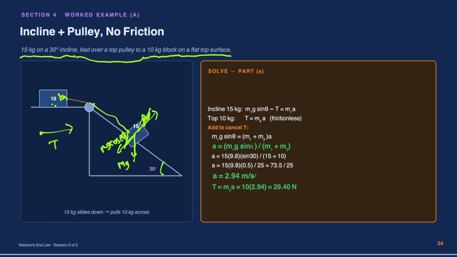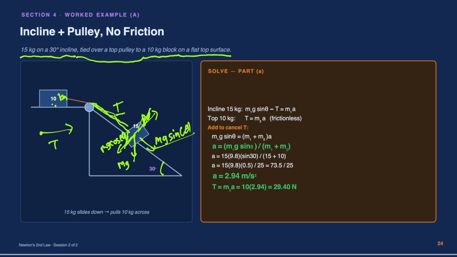Then we have mg sine theta, which will accelerate downward. But mg sine theta will be opposed by the force of tension because it's being pulled on by this block here, by this rope here.